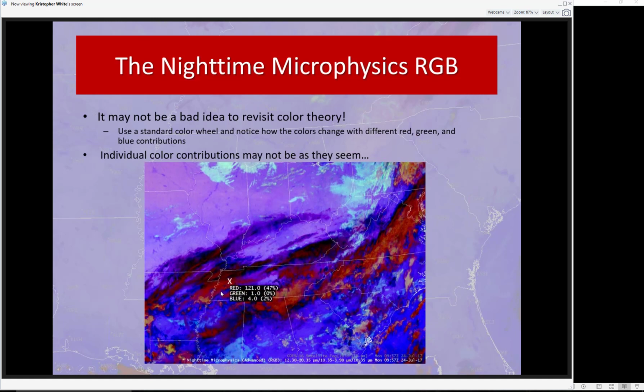Notice that in this case, I'm going to focus on the red color when looking at the issue I'm going to talk about here. The red contribution is at 121, or 47% of the total possible value for red in this case. So when we initially look up here in the Midwest, we might think, well, it doesn't look as red, so there's not as much red.